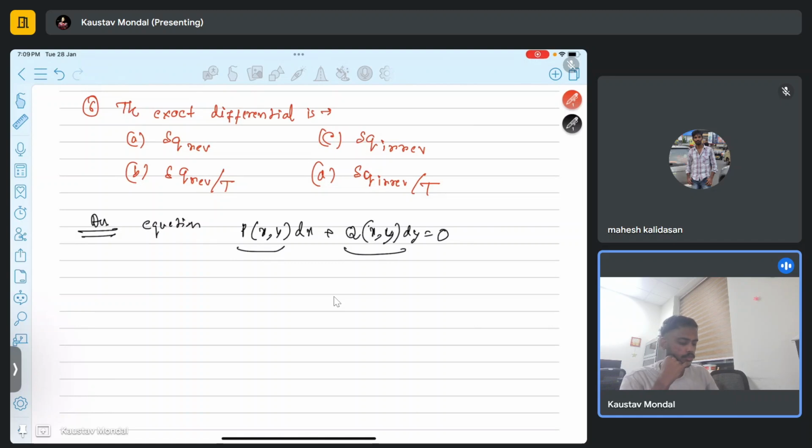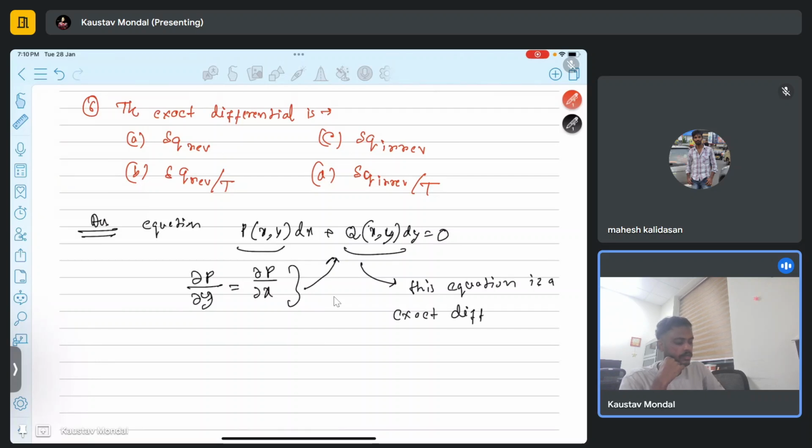If the derivative del P by del y is equal to del Q by del x, and this condition is satisfied by P and Q in this equation, then this equation is an exact differential equation.